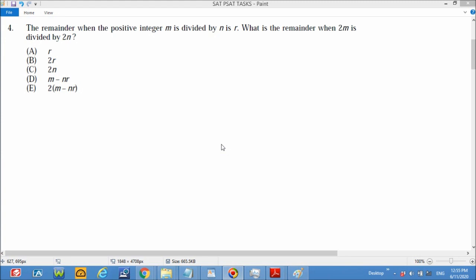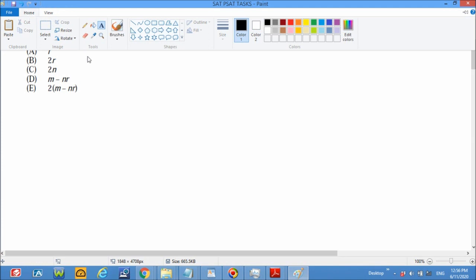In this case we have a remainder. I mean, some numbers can be divisible, some cannot be divisible, and in case it does not, we have a remainder. So I will take examples so you will understand more clearly what I am talking about.